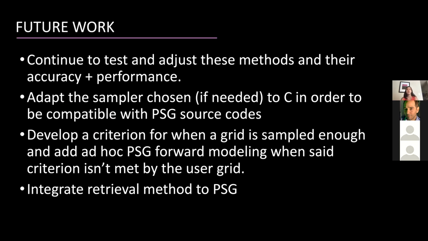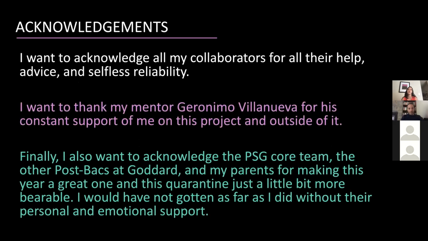And we want to develop a criterion for when a grid isn't sampled enough, because this is a big part of why some of our results look as they do, and I have shown it with our graphs. So we do want to develop a criterion for when a grid isn't sampled enough. And we want to add ad hoc PSG forward modeling when the criterion of being sampled enough isn't met by the user inputted grid. And finally, we want to integrate our full retrieval method that we work on to PSG.